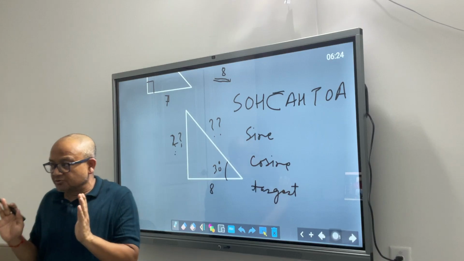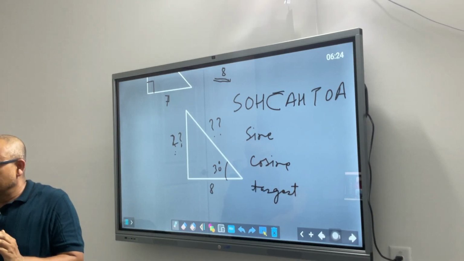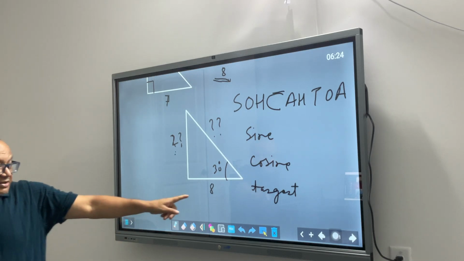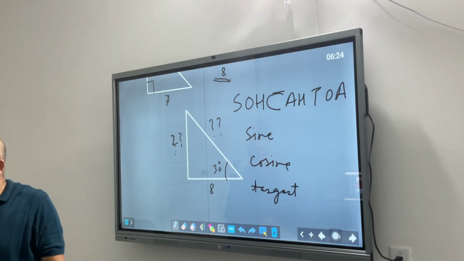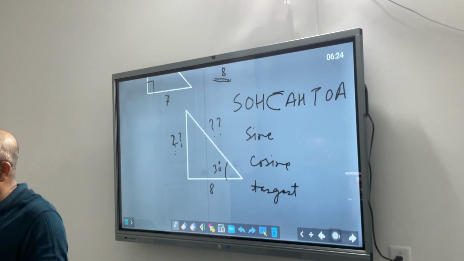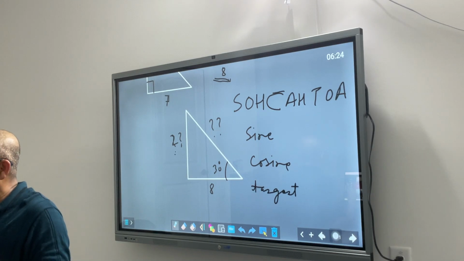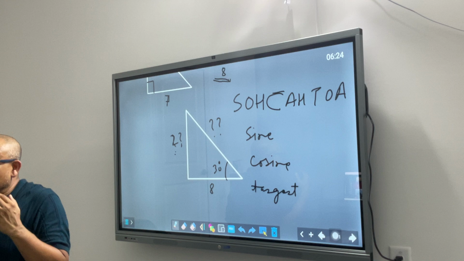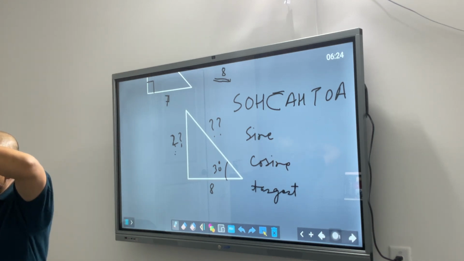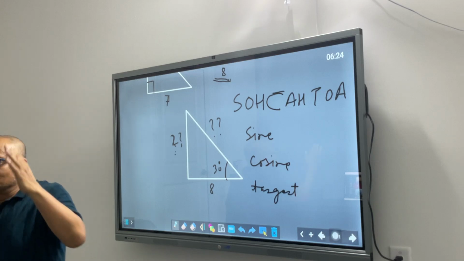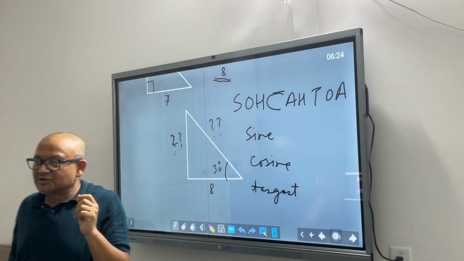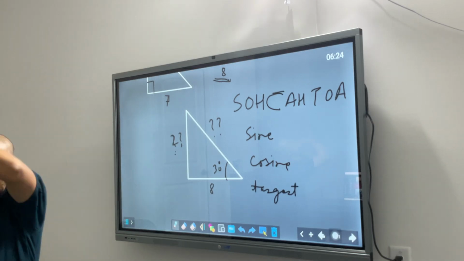These are just ratios. Okay? Tangent. You would have heard people say, you said something that went tangent. It's a sarcastic remark which means that something went over my head.